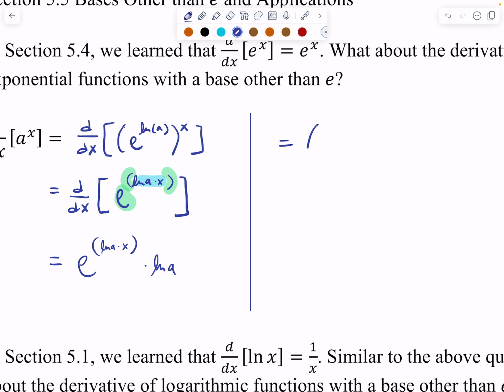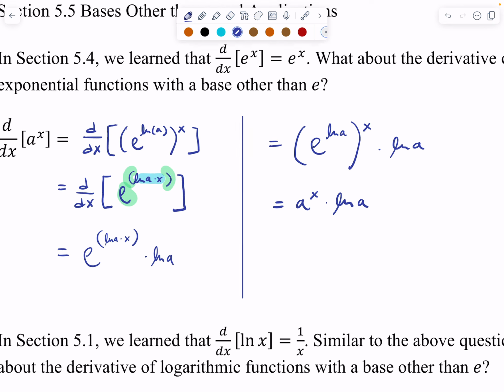Just to do this in 2 steps so that everyone can see it. So what I'm doing is I'm rewriting e to the ln of a times x power as e to the ln of a raised to the x power, so that I can go back to rewriting this as a to the x times ln of a.